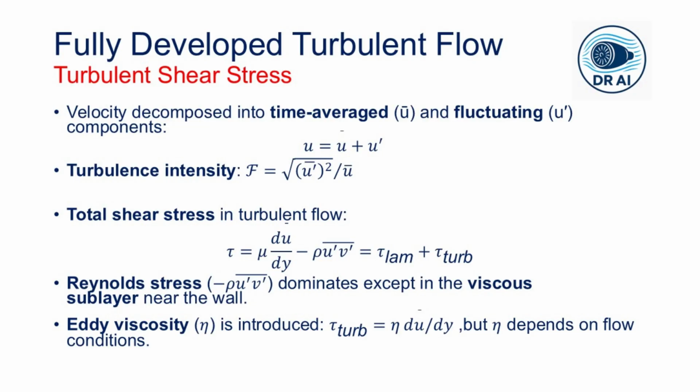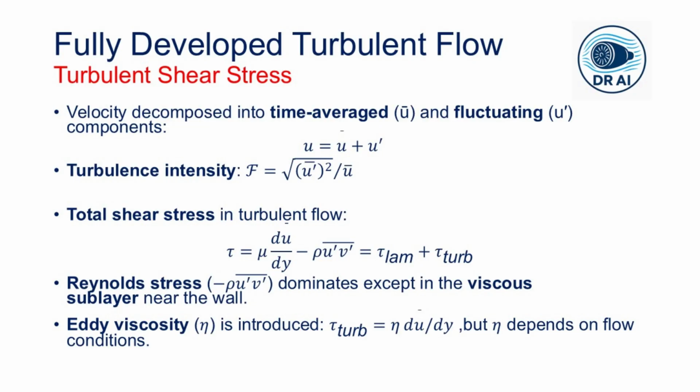This is expressed by the equation u equals u bar plus u prime. The mean value u bar is what we would measure with a slow responding instrument. It's the average behavior. The fluctuations u prime are what make turbulence so effective at mixing.